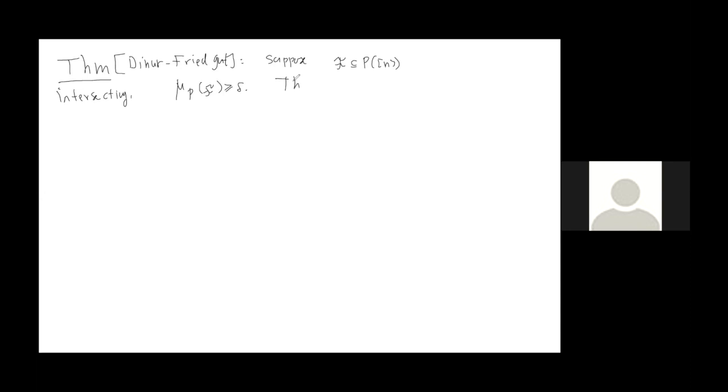Then there is a junta family G, meaning a family that only depends on a few of the elements, such that, first of all, G is intersecting.